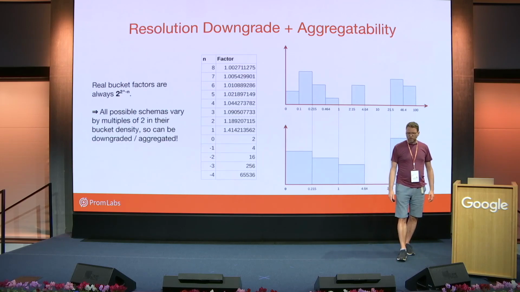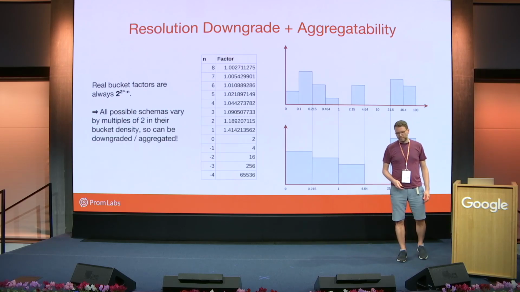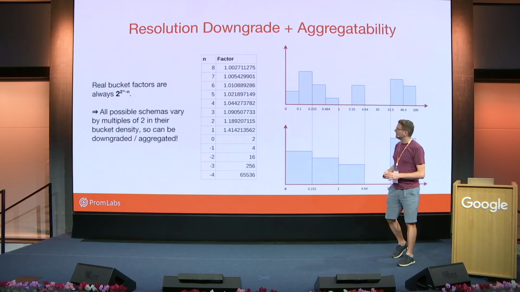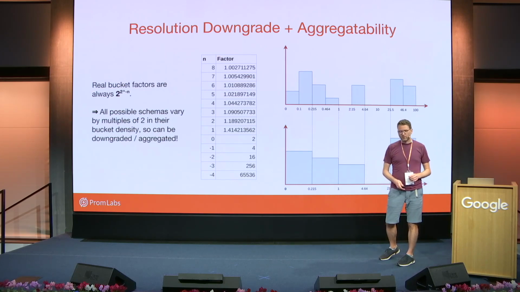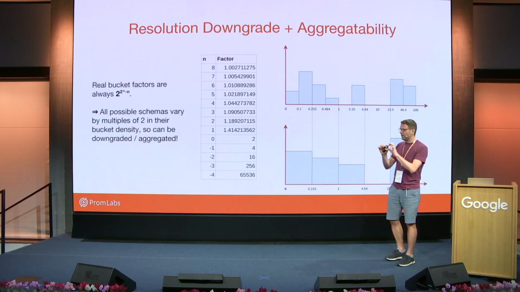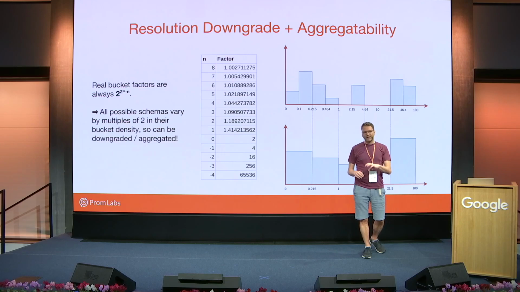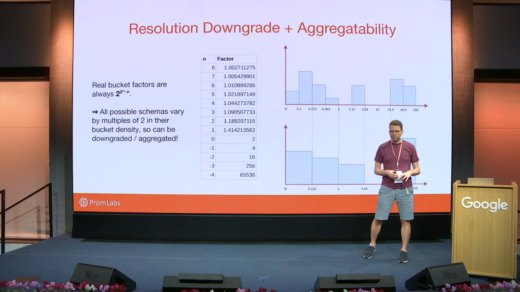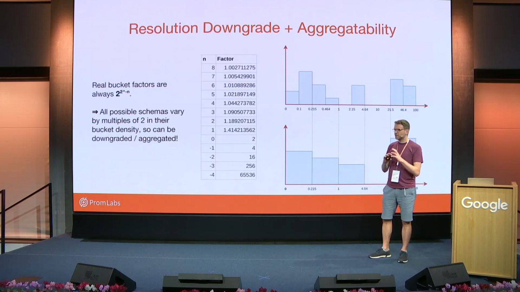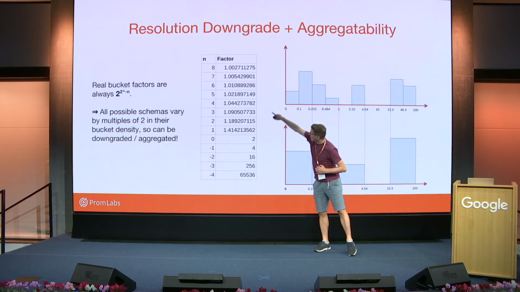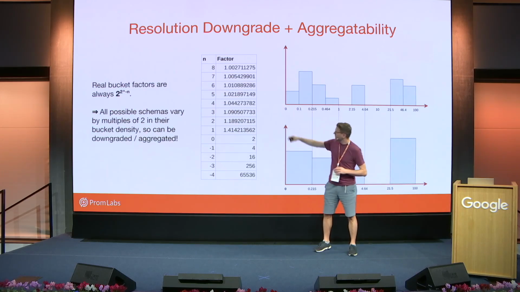And a really cool feature of these exponential buckets is resolution downgrades and aggregatability. When you specify this bucket factor of like 1.1 or 1.2, that's not the actual factor that's being used. That's just an upper bound, and it's being matched to one of these actual factors that can be used.